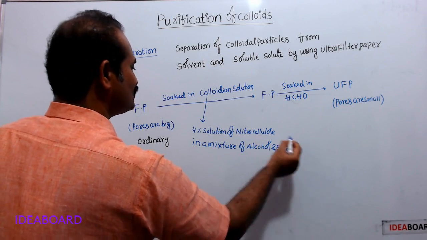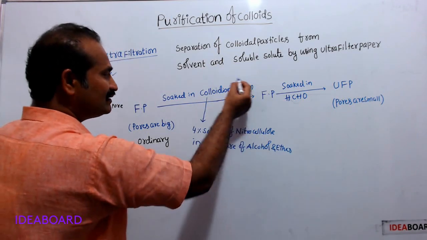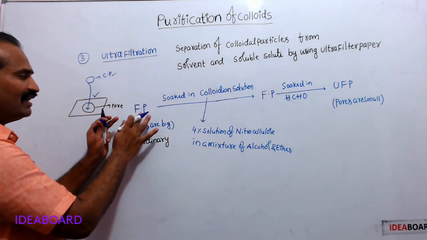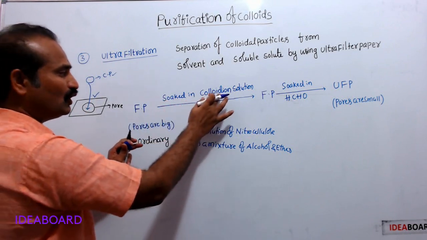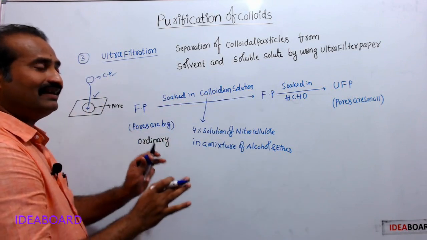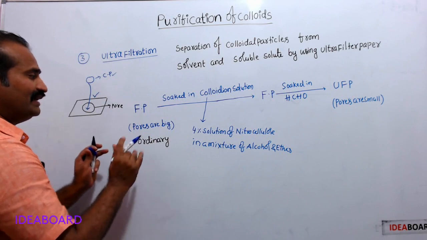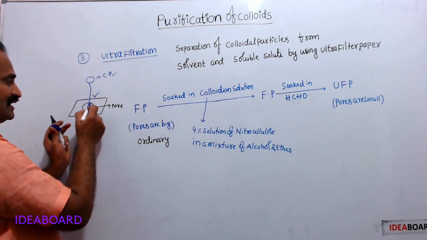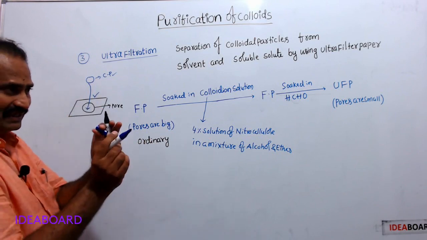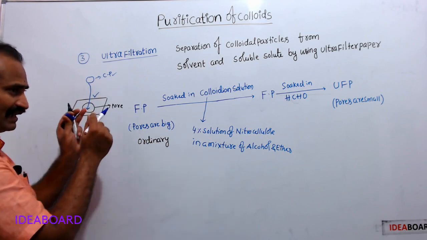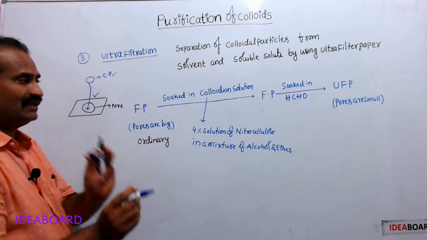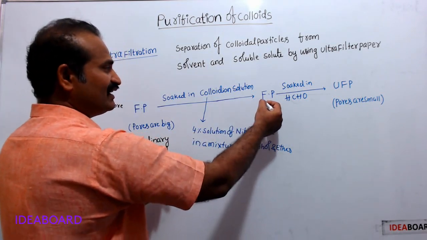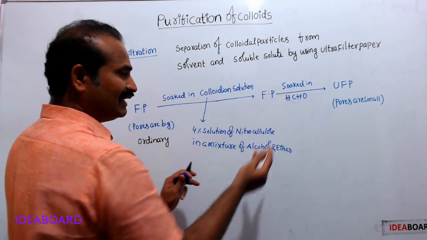Such a solution is known as colloidin solution. So when ordinary filter paper is soaked in colloidin solution or gelatin, what happens? The pore size is reduced. Later this filter paper is further soaked in formaldehyde.